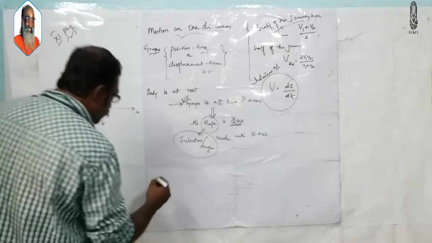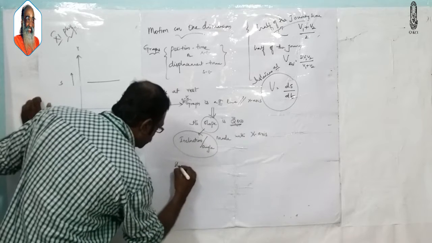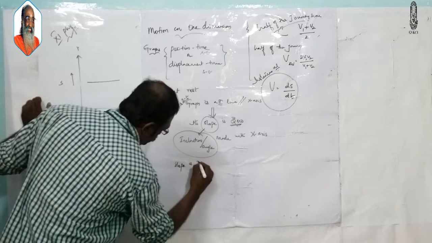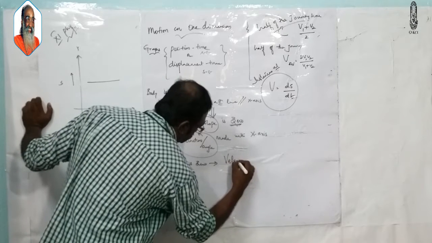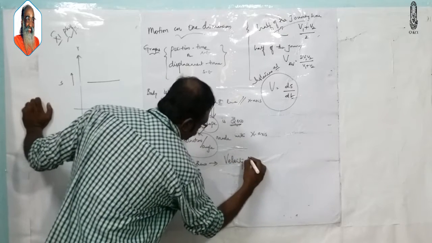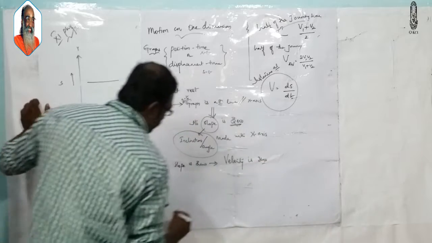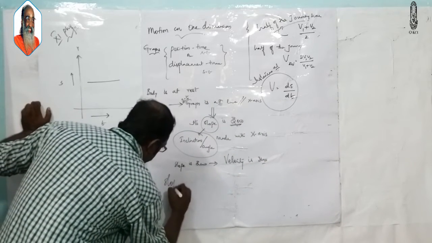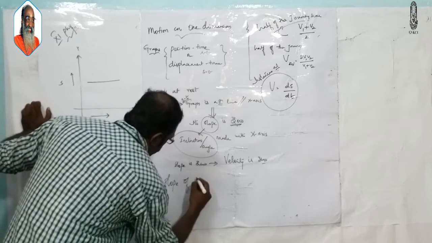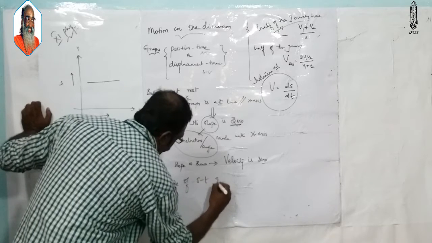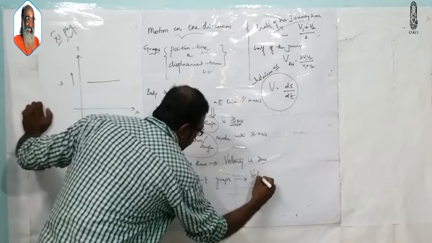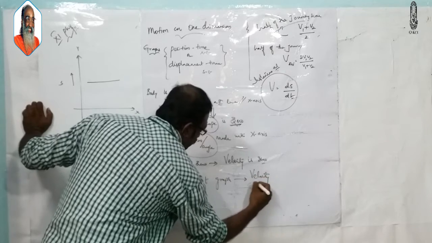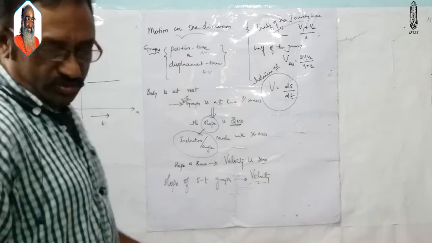Because slope is 0, its velocity is 0. So from this we can understand one thing. The slope of the st graph gives you velocity.